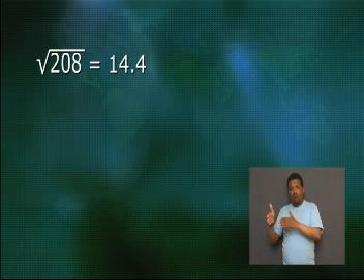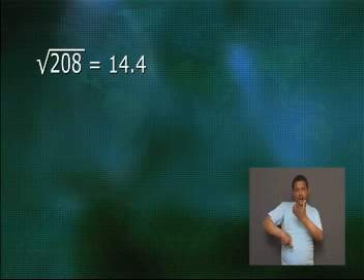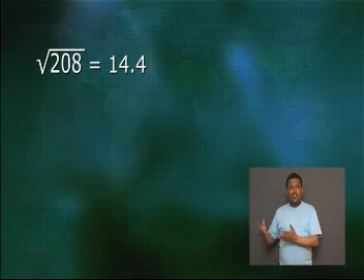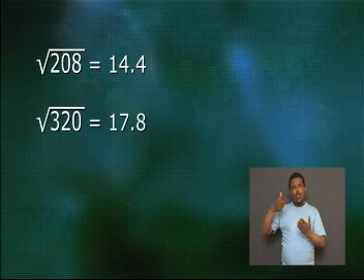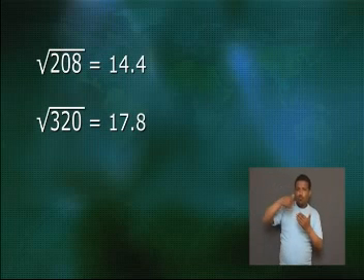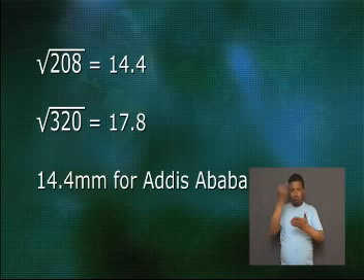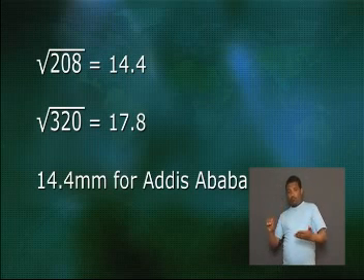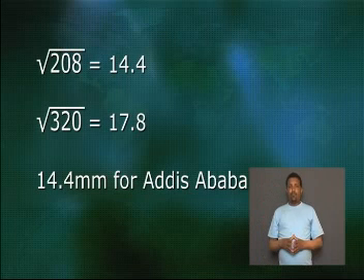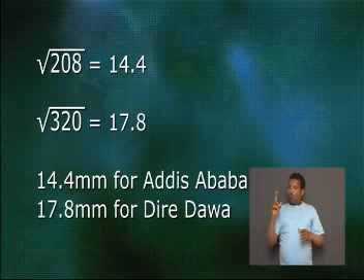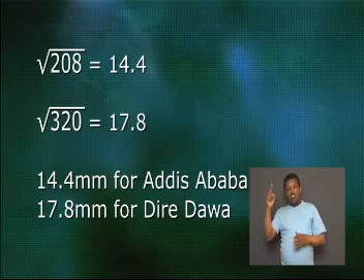The proportional square for the value given of disabled students in Dire Dawa is computed by finding the square root of 320, which is 17.8. Therefore, the proportional squares on your map will be 14.4 millimeters to represent the number of disabled students in Addis Ababa and 17.8 millimeters for Dire Dawa.